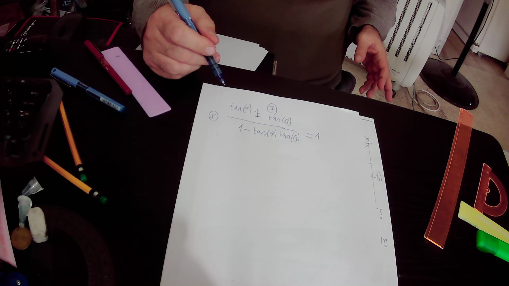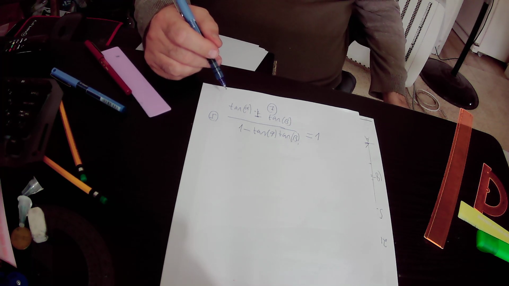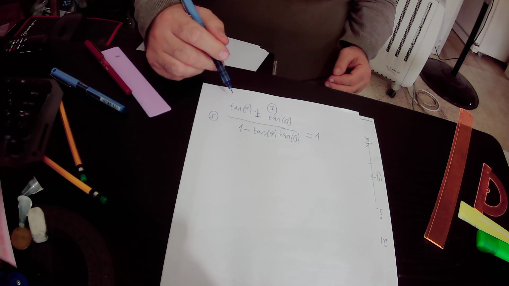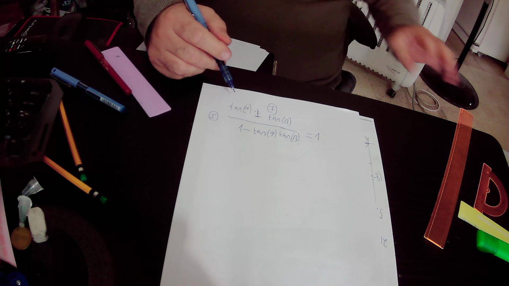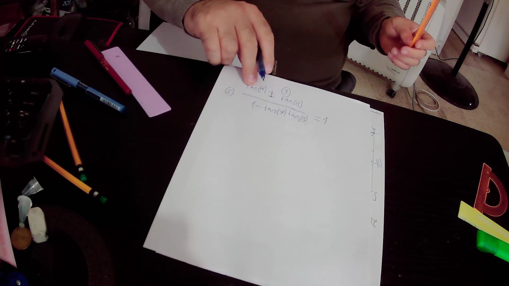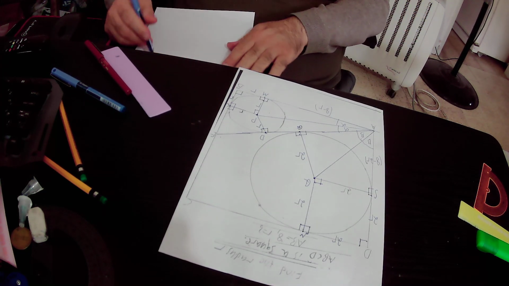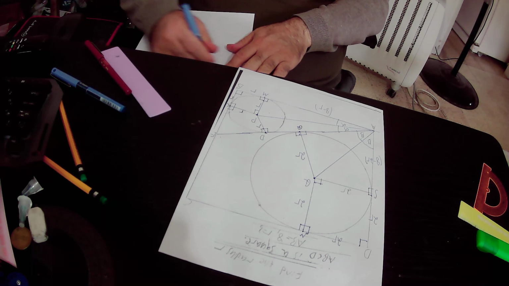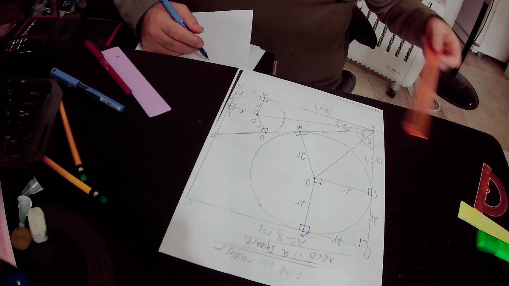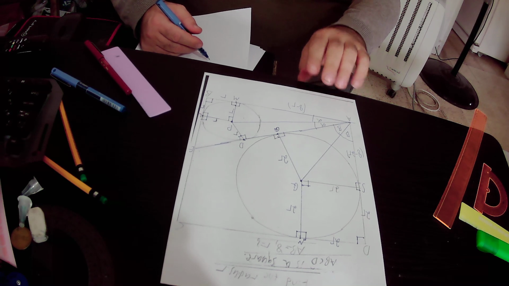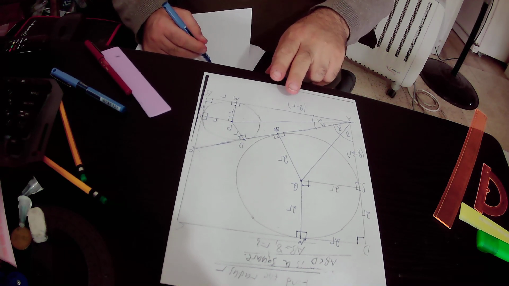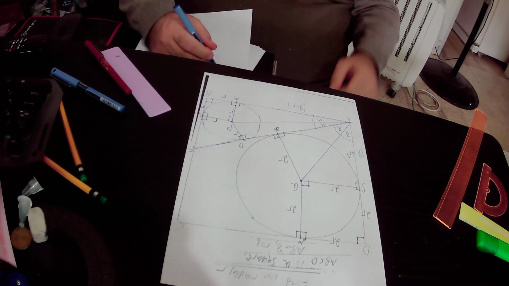So here we will find the value of tangent alpha and tangent beta according to the drawing. Here we have the right triangle, triangle AMP.